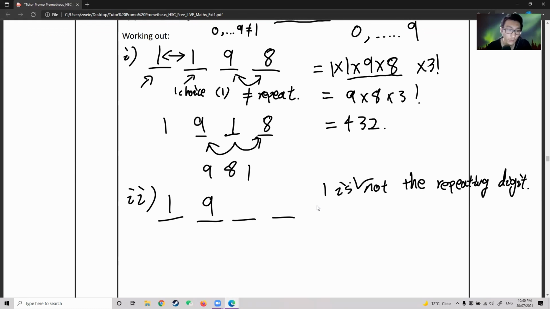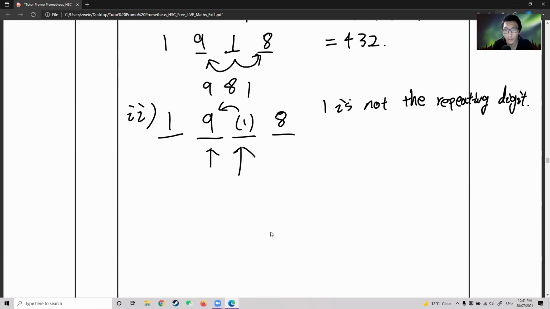So now we know that 1 isn't the repeating digit, so we'll have 9 choices. And then for our second slot, we're not repeating 1. So we'll technically have 1 choice, we'll be repeating the second digit. And then we'll have 8 choices left.